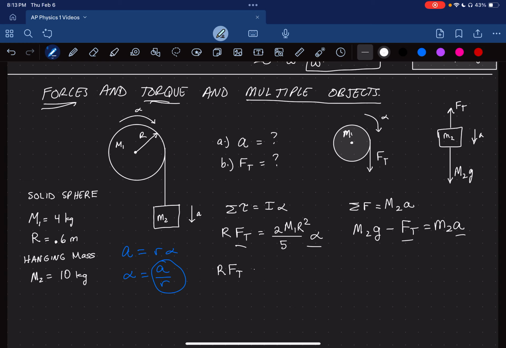So let's write this. Our Ft equals 2 m1 R squared over 5. And we'll substitute in alpha as a over R. And by R, we mean capital R because the tangential acceleration, a, is this distance over here, which is R. So right away, R and R squared, we can get rid of one of those R's.